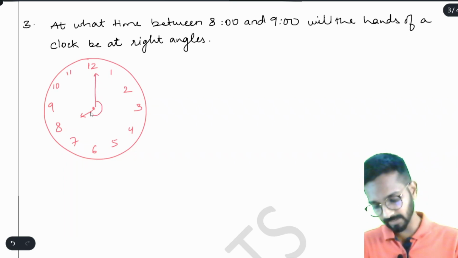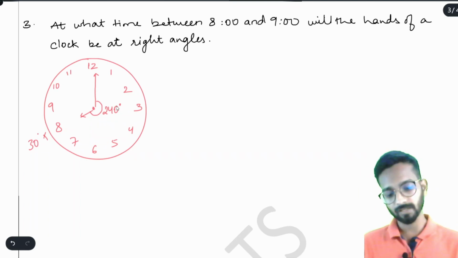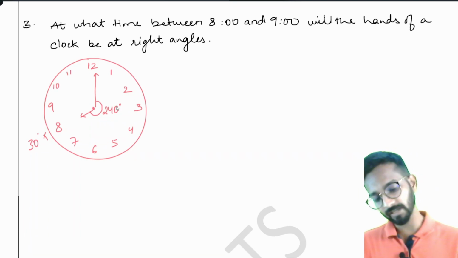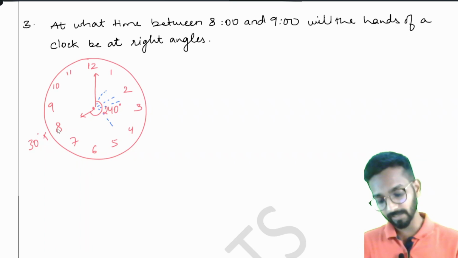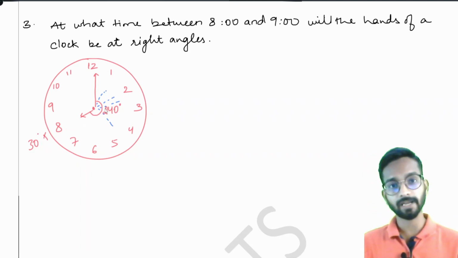The angle it is making is 8 multiplied by 30. We know this. So it is 240 degrees. Simple. Between 8 and 9, when will the hands of a clock be at right angle? It means the hour hand is continuously moving, and they are asking when it will reach that particular point where the angle between the hour hand and minute hand becomes 90 degrees.